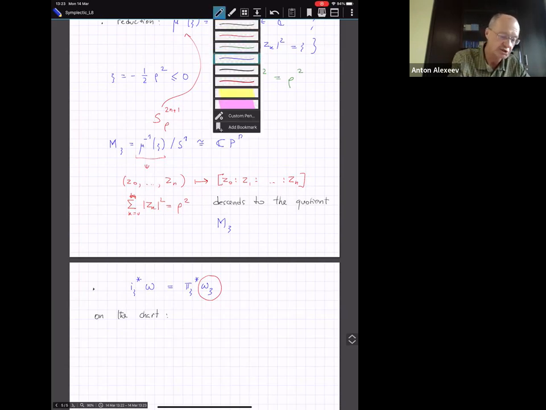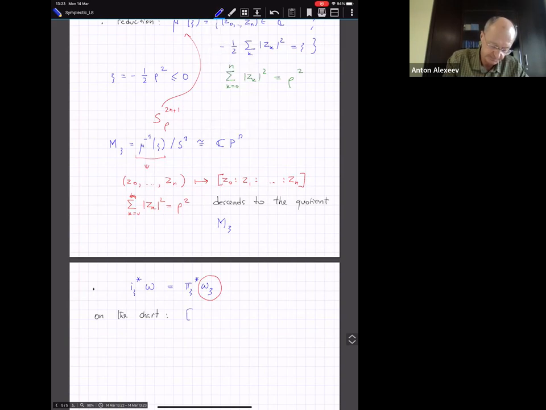So let's look at the chart 1, z_1, and so on, z_n, inside CP^n. So z_0, we just choose to be equal to 1.